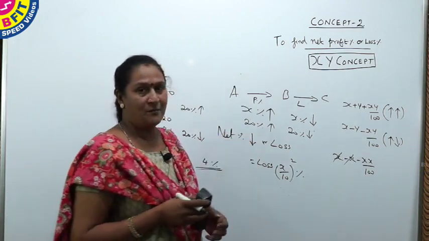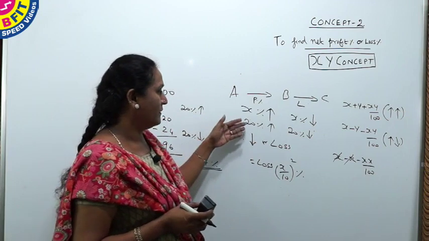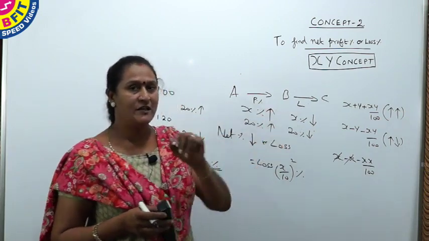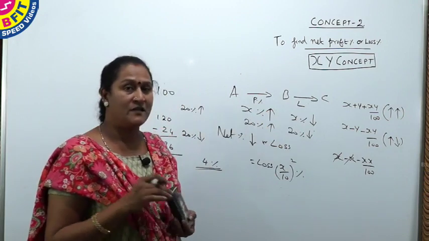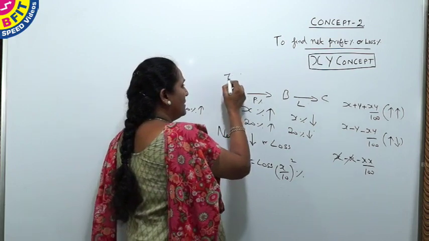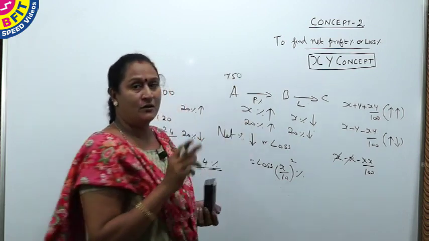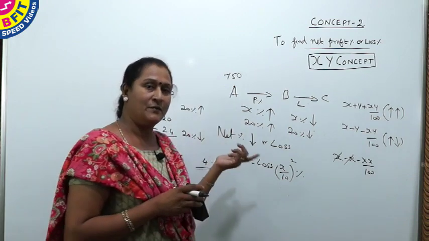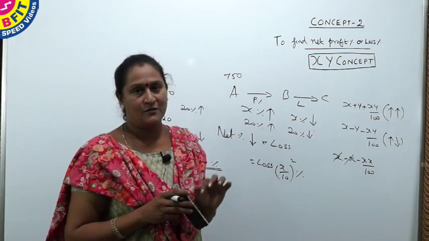This can be applied if the increase is applied on an article and the same percent decrease is applied on the same article, or when the selling prices are the same, you can also use this. Suppose a person sells two articles for the same price, 750. In one he gets 20% profit, in the other he gets 20% loss.